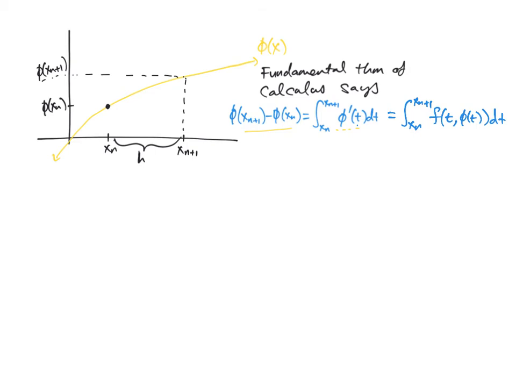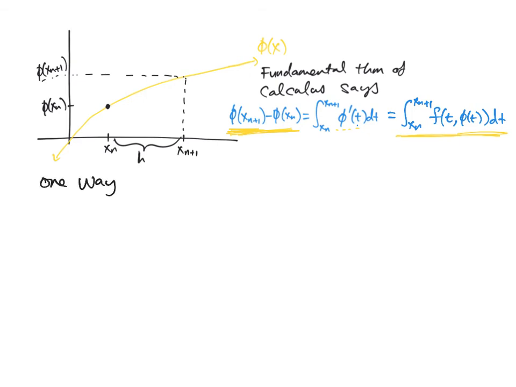So what we need to try to do is approximate this phi value, phi of xn plus 1. And so if we know phi of xn, then we can approximate that difference. And that means that we can try to approximate this integral. But we learned way back at the beginning of second semester calculus a couple different ways that you can approximate the integral.